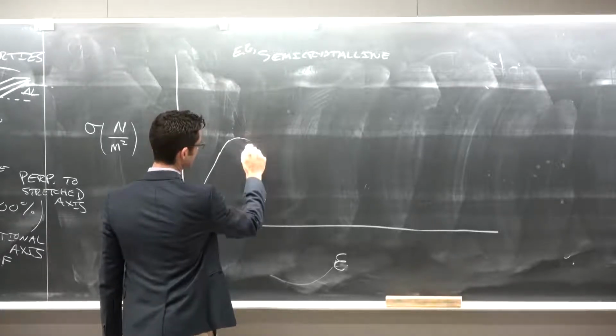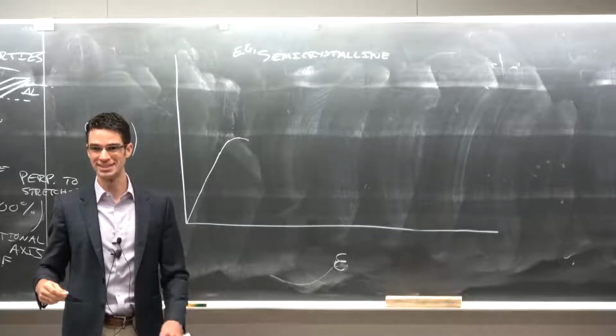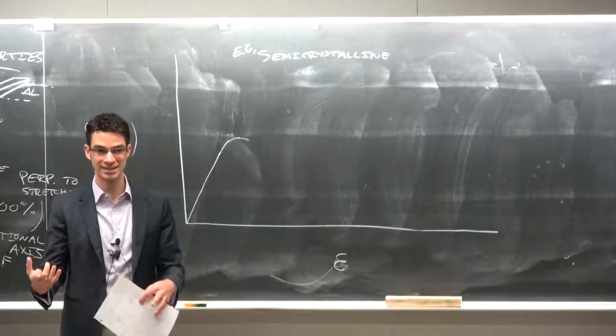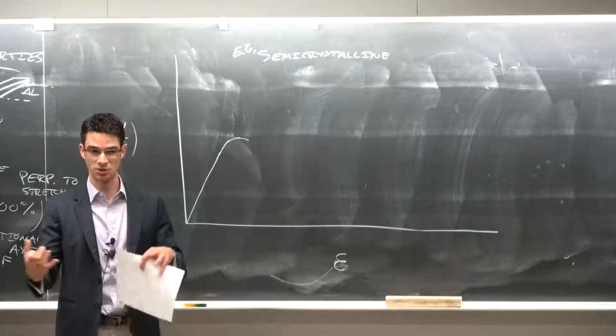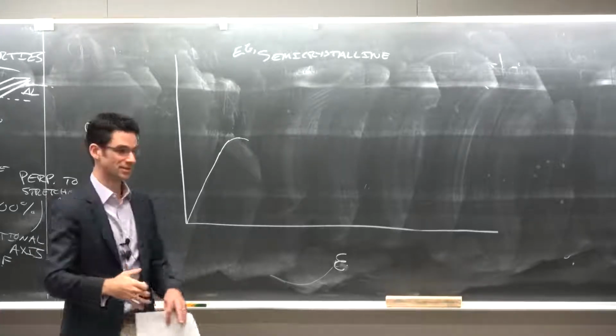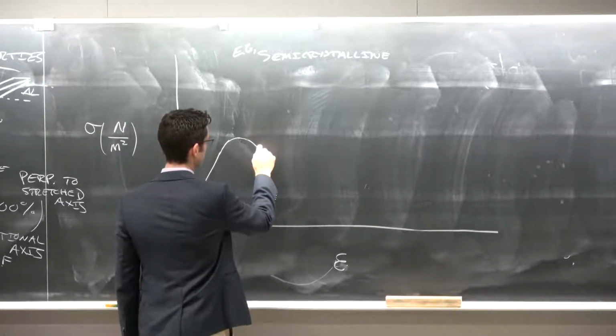Then there's anarchy in the system. We have all of these chains that are not aligned, and we have lost the crystallites that are holding the material together. We've started to destroy them, so the stress might go down a little bit here.